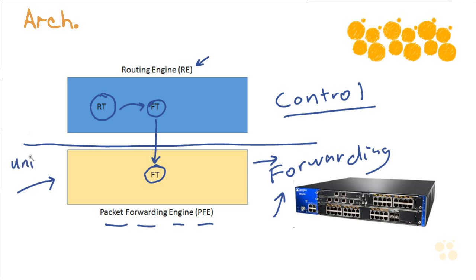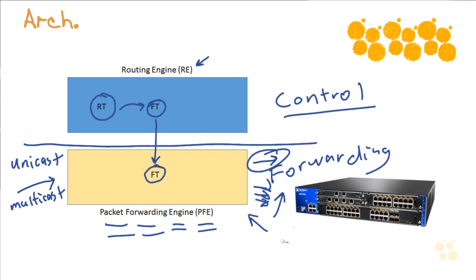If it's unicast transit traffic, it goes out a single port, of course. If it is multicast transit traffic, it is going to be forwarded out multiple ports potentially on the device. All of this happens extremely quickly because of the separation of duties. On certain Juniper platforms, you can have hardware specifically there to handle the packet forwarding tasks, and notice it doesn't have to get involved with all of the various control plane functions.